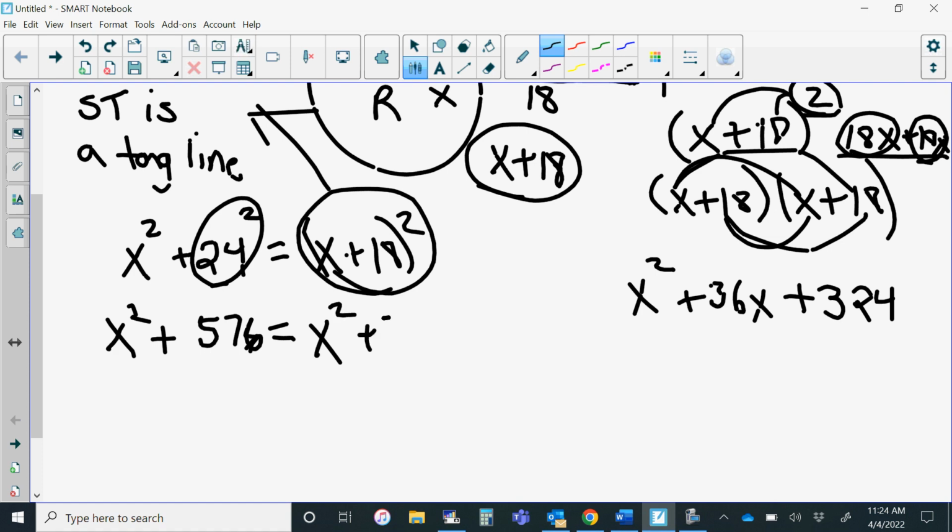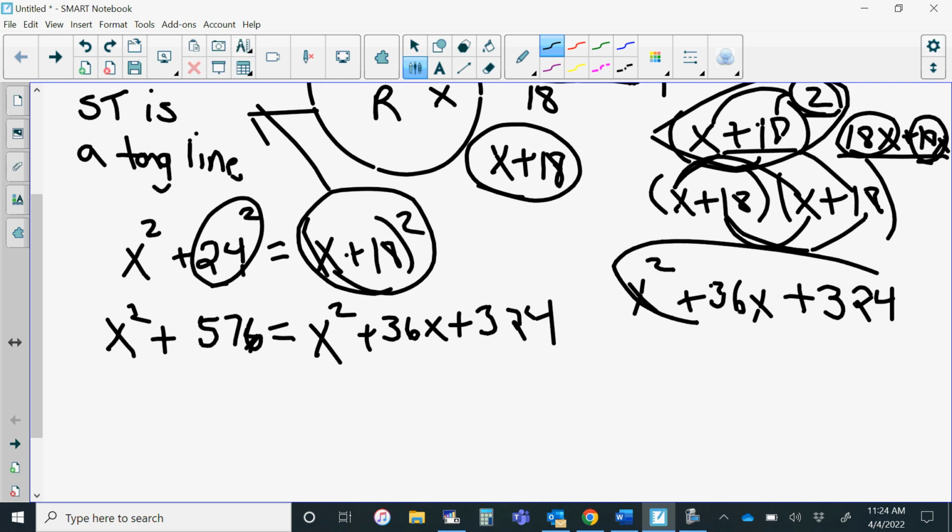Because you need to start understanding the concept that in math, we don't change values, we change the way things look. This right here and this right here are the same. They are different forms, just like ice and water. It's just a different form. Sometimes I want water, sometimes I want ice. So I took this out because I did not want this written like this, and I put this in its place. Does that make sense?